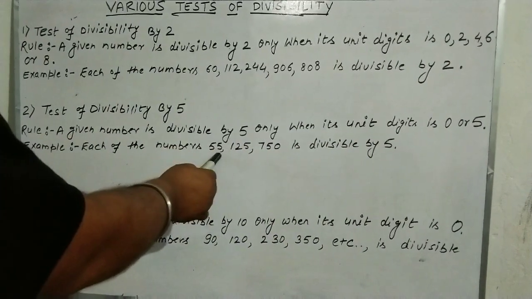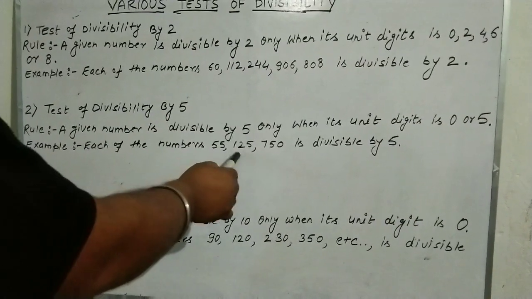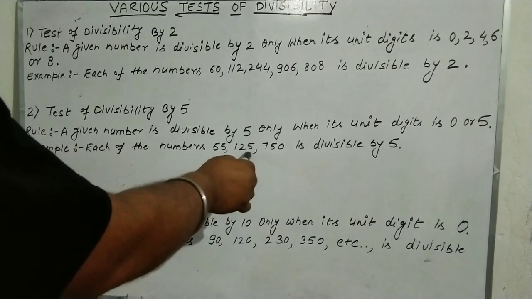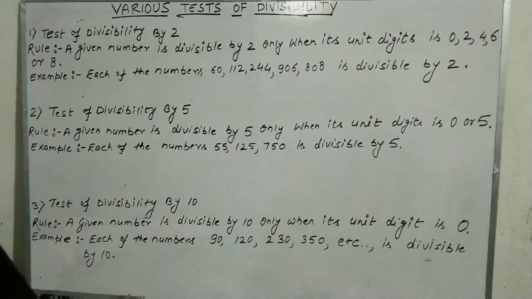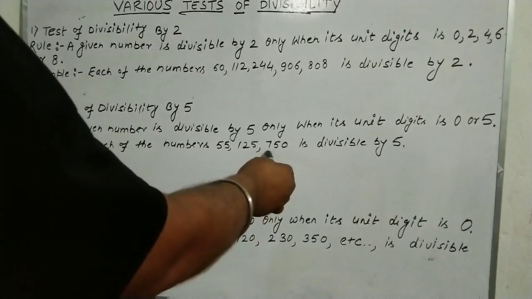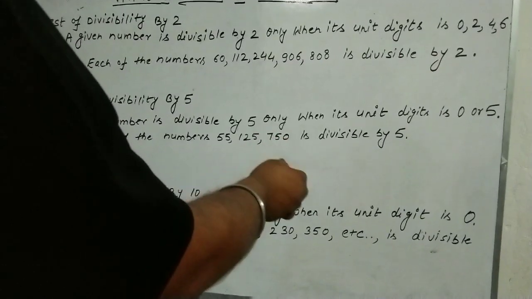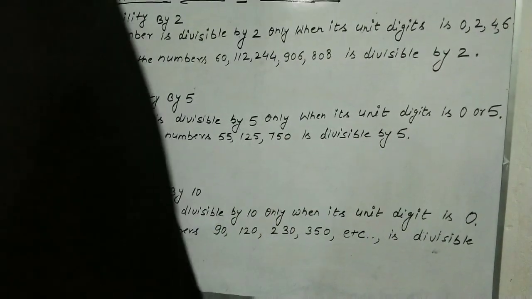In 55 the unit digit is 5, so 55 is divisible by 5. In the second example 125, again the unit digit is 5, so it is also divisible by 5. And in the third example 750, the unit digit is 0, so 750 is also divisible by 5.